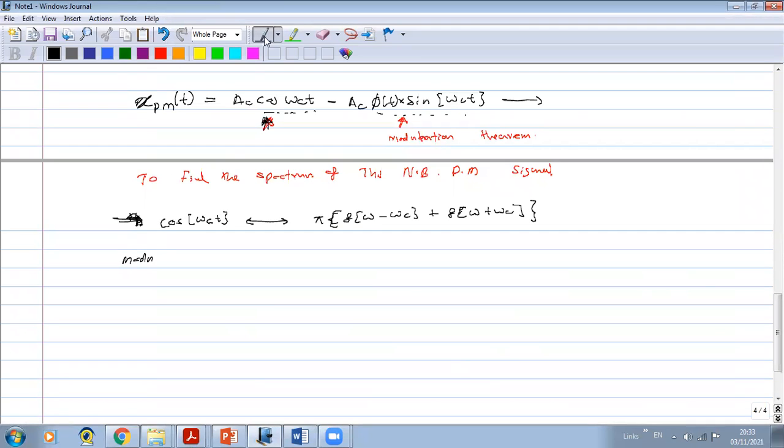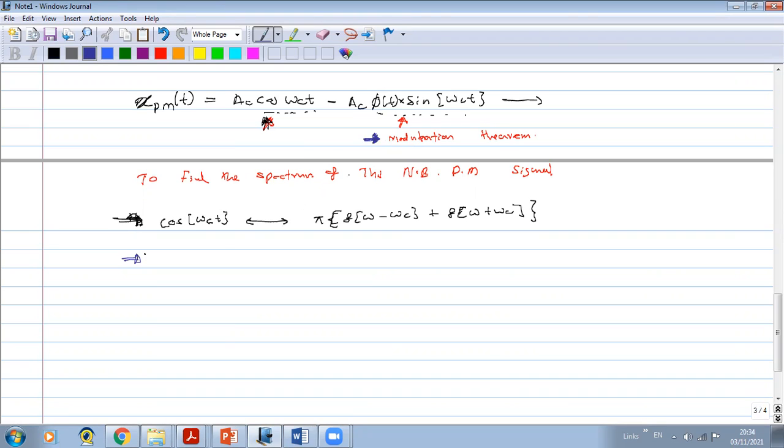So for the modulation theorem, I will write the equation here. I hope you can remember this. That is why I verified this modulation theorem at the beginning of this modulation session, because we have to use it many times.